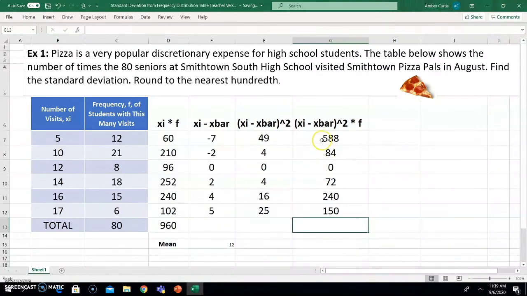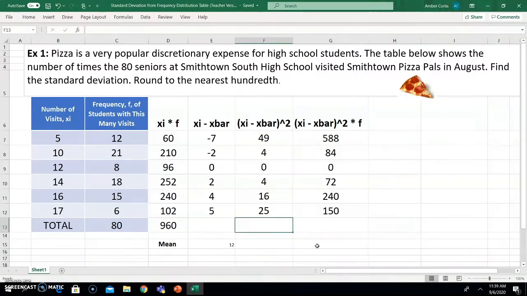Now, each of these will show us the difference between the data points and the mean squared, but will account for the fact that we have this many of them, right? We have 12 of the first one, 21 of the second one, and so on. Now, remember, in order to find the mean of these squared differences, we have to find the total.